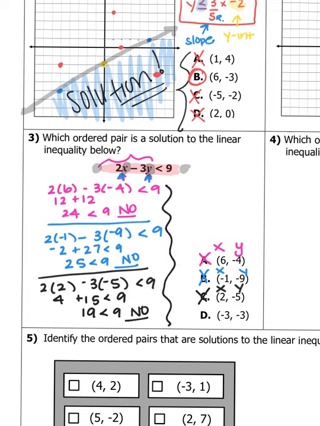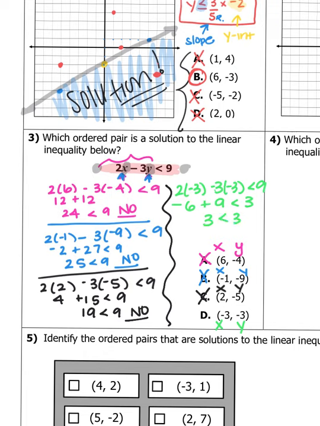All right, we better check this last one to see if it really works. So we're going to plug -3 in for x and -3 in for y. So 2 times -3 minus 3 times -3, is this less than 9? 2 times -3 is -6. -3 times -3 is a positive 9. -6 plus 9 is 3.